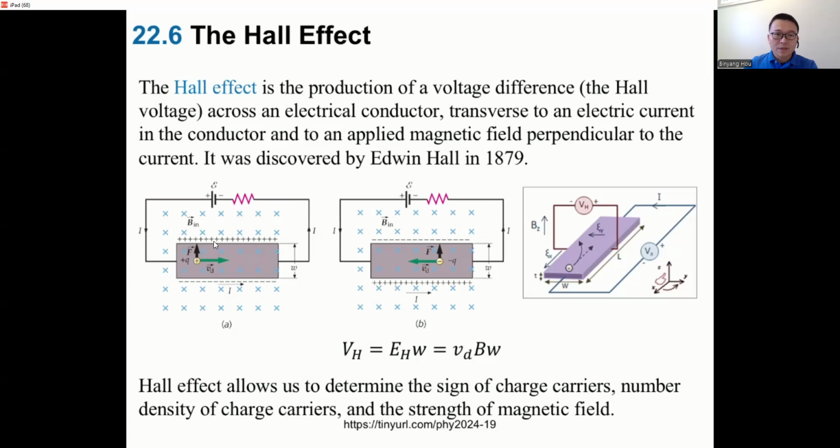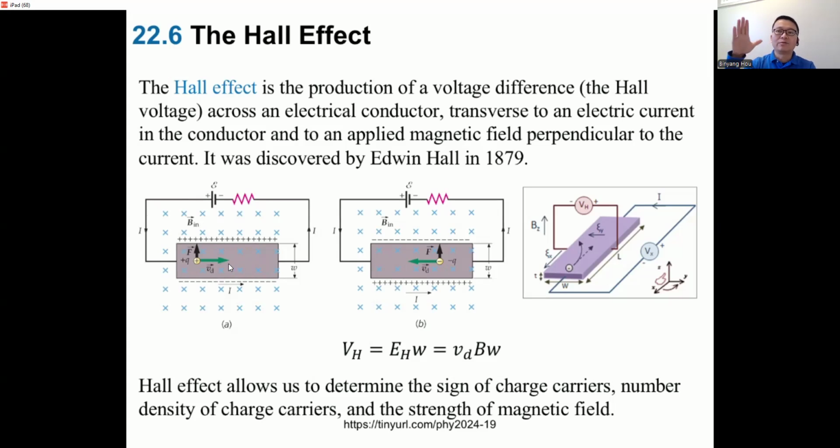Now, if that's the case, you can measure the voltage on the top and bottom sides of the conductor. Depending on the sign of the voltage, you'll figure out if the charge carriers here are positive charges or negative charges. If these charge carriers are positive, because current is going in this direction, then the positive charges are moving in this direction.